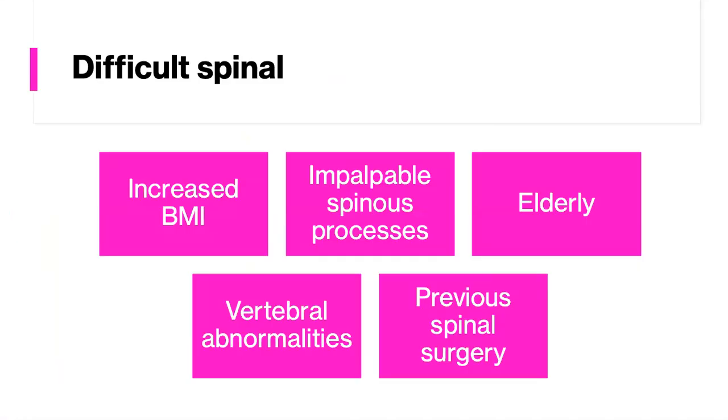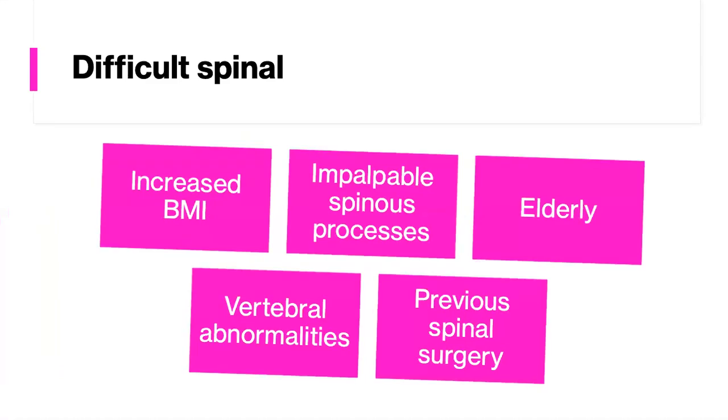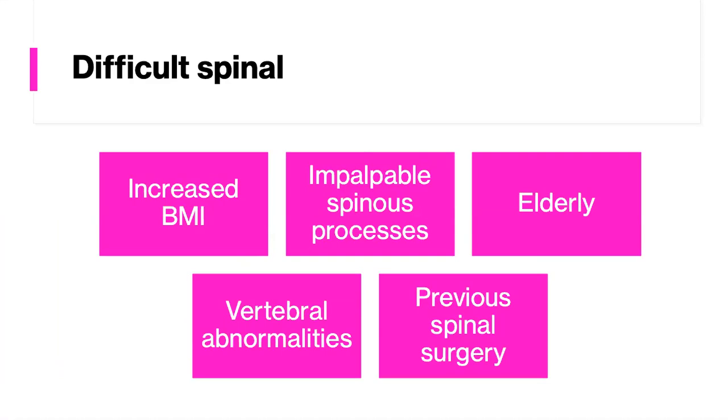Now we're going to talk about the difficult spinal. These are situations that all make us a bit uncomfortable and shake a little bit in our boots. These are patients with increased BMI, impalpable spinous processes, elderly patients, vertebral abnormalities, and even previous spinal surgery.